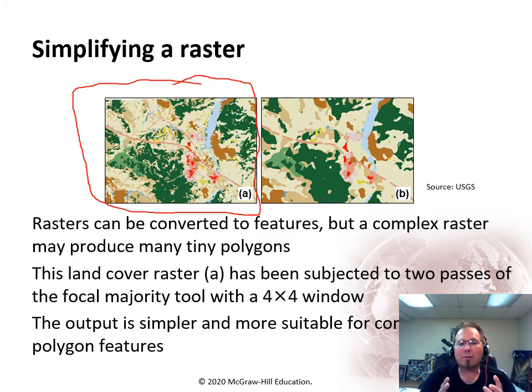So a lot of this is determined by the scale at which you're working. If you're at a very small area, a large scale map, you could probably get away with just converting it to polygons. But if you're dealing with larger areas, a small scale map, you might want to run this to help cut down on your processing time, especially when you get back to vector world.